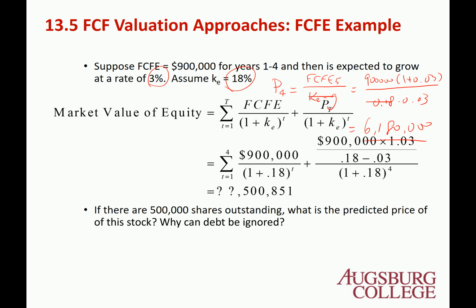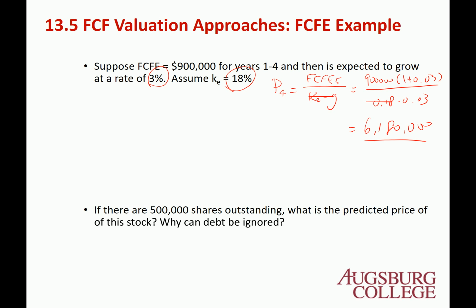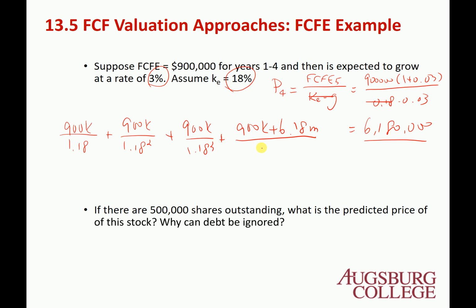Now, when you compute for 4 years, with $900,000 each: 900,000 divided by 1.18, plus the second 900,000 divided by 1.18 squared, plus the third 900,000 divided by 1.18 to the third, and the fourth 900,000 plus this $6.18 million, divided by 1.18 to the fourth.